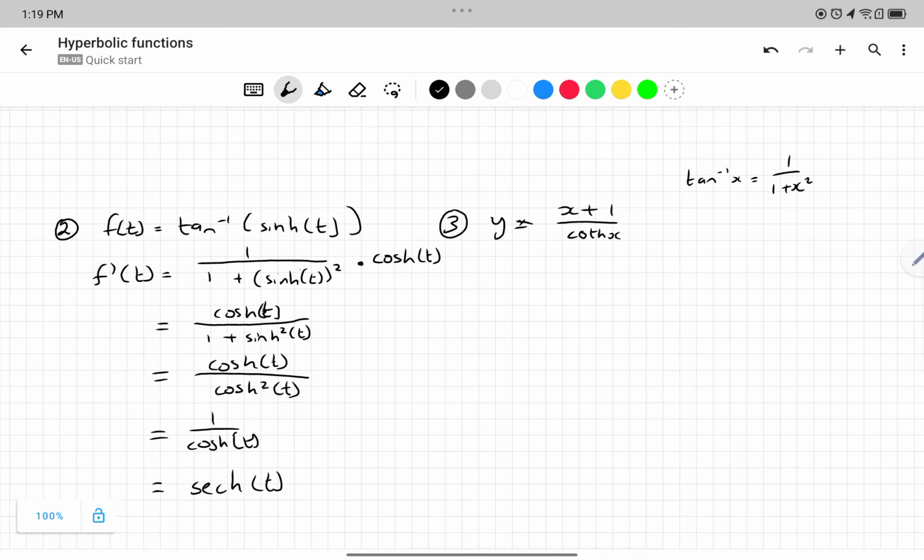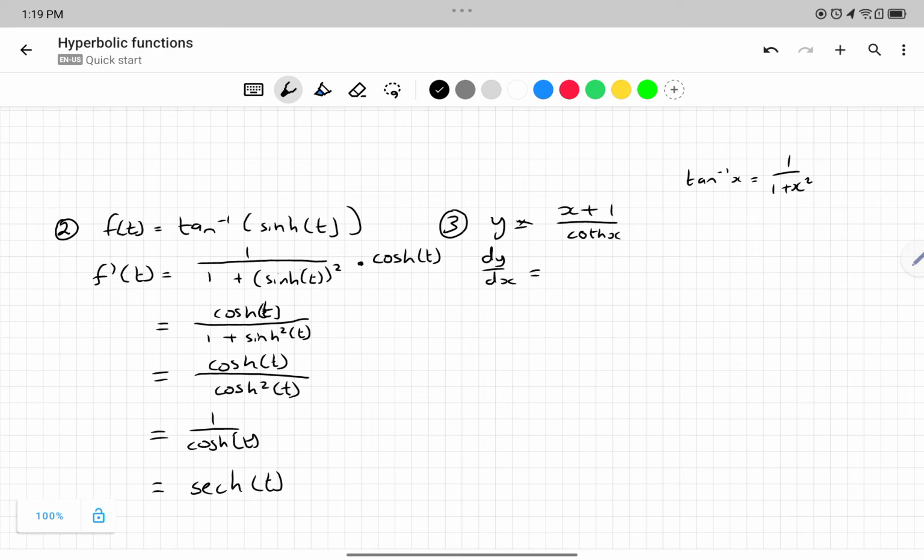Looks cool, looks amazing, looks fantastic. Now, for this one, dy over dx, we are going to have to use the quotient rule. Oh, quotient rule is so much work.